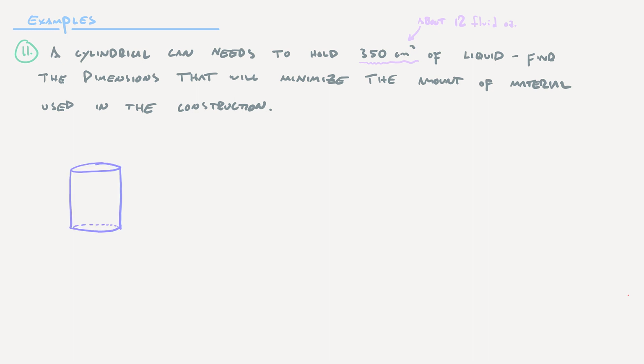So again, what we're trying to find is minimizing the dimensions, which means we need a height and we need a radius. Those are the main dimension components of a cylinder. Because we're trying to minimize the amount of material that's used in the construction, fundamentally, we're talking about the surface area of the can itself.